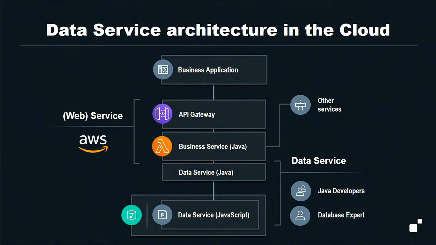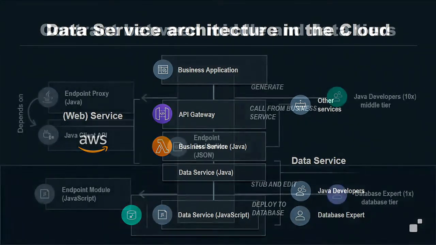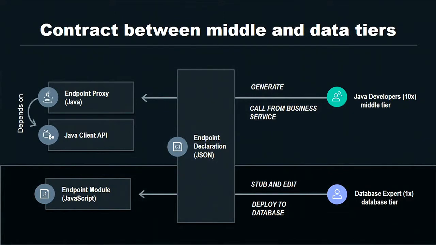So in the MarkLogic approach, you can see that between those two roles, the Java generalist and the database expert, there's a collaboration. In the MarkLogic approach, that collaboration is captured in a JSON declaration that's shared between the two roles.